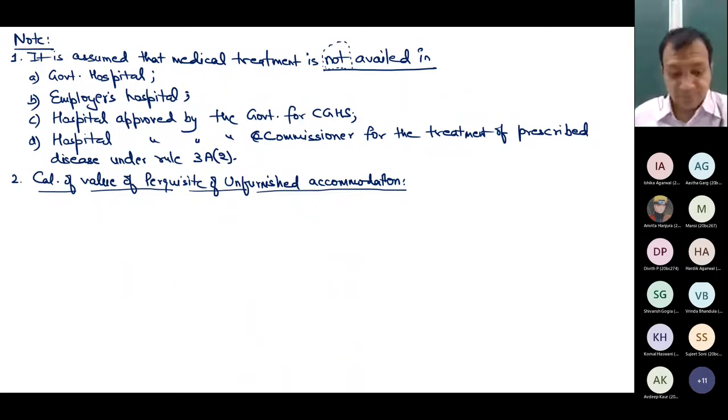Unfurnished flat provided at Delhi at a nominal rent of 3,500 per month. Rent paid by the employer 12,000 per month.